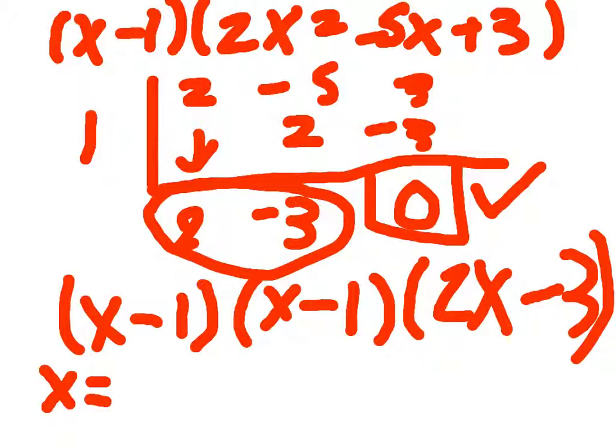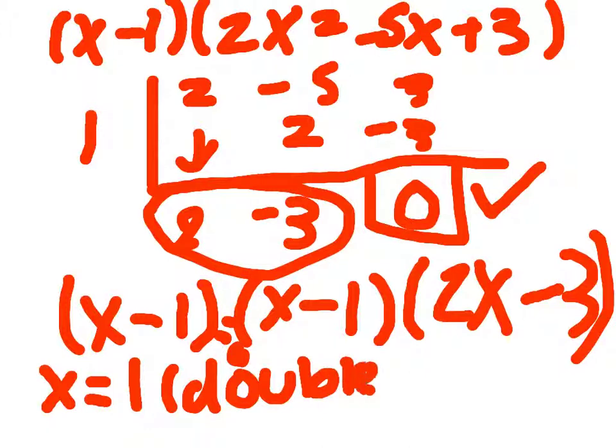If you set x minus 1 to 0, x will equal 1. The other x minus 1 set to 0 is also 1, so 1 is a double root. And if we set 2x minus 3 to 0, you get 3 over 2. So the other root is 3 over 2.